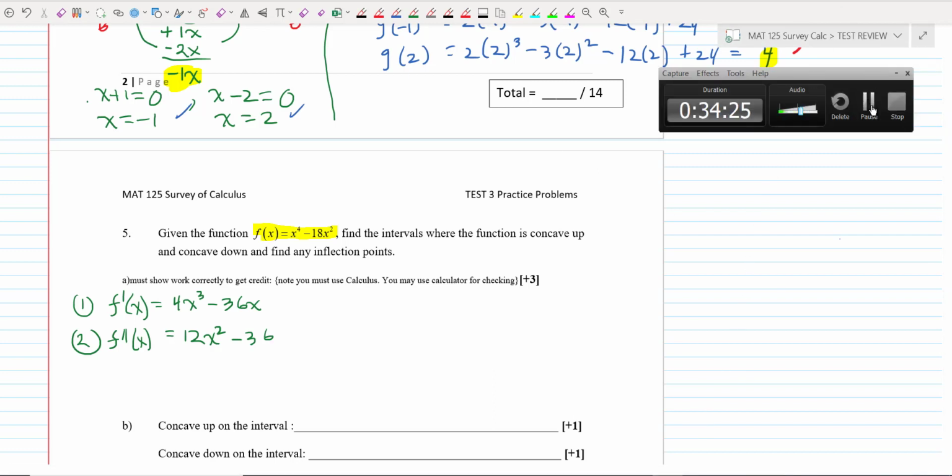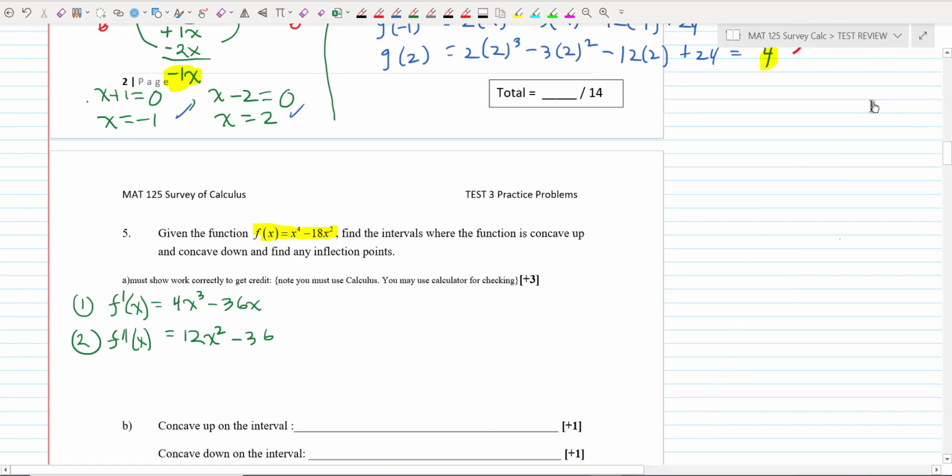Then that's what we're going to set equal to 0. There's a couple ways you could solve this. One thing you could do is factor a 12 out, and you would have 12 times x squared minus 3 equal to 0. Really what matters is the x squared minus 3. So I'm going to divide by 12.